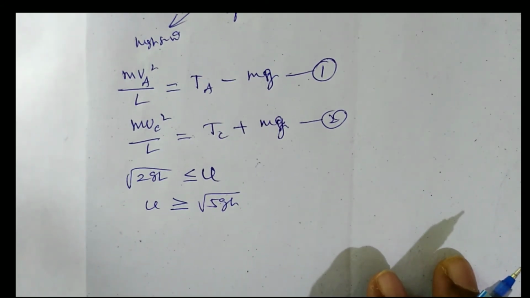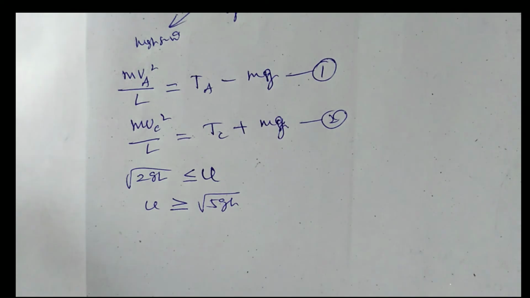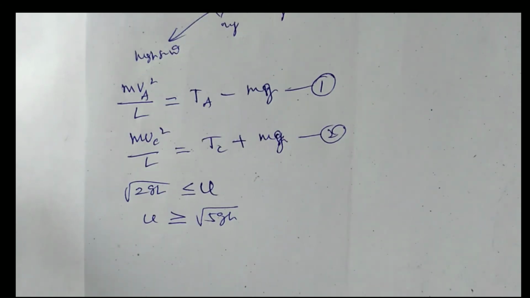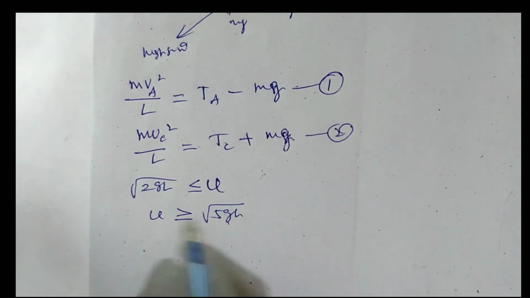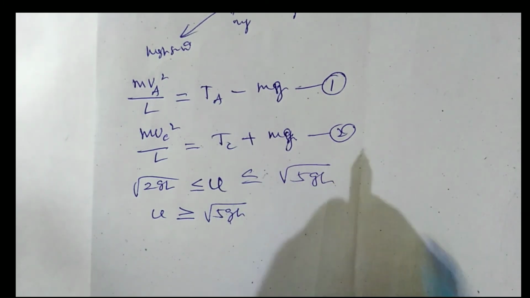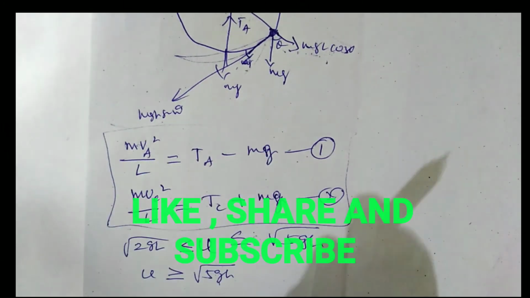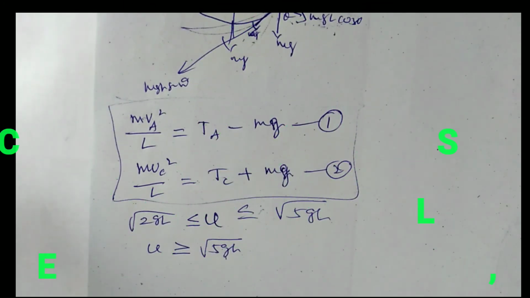If the velocity of the particle at the lowest point is given in any problem, you have to check whether u is less than or equal to 2gl, or u is in between 2gl and 5gl, and later you have to solve the problems. And these equations are very much necessary to solve any of the problems.